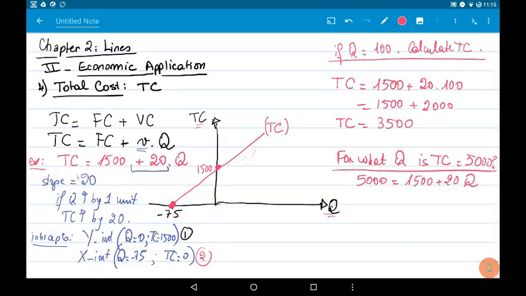And we solve for Q. 5,000 minus 1,500 equals 20Q. $3,500 equals 20Q. Q equals 1,750.